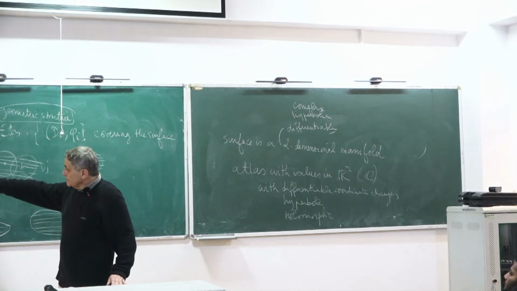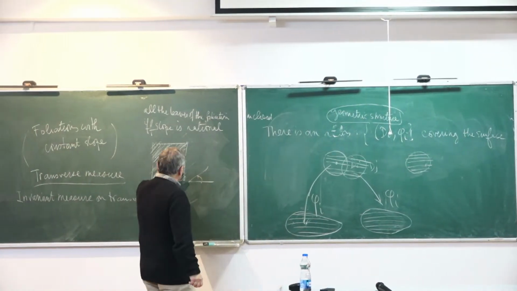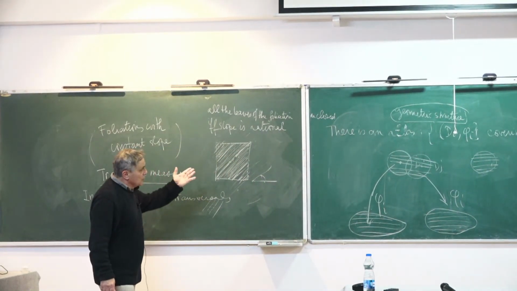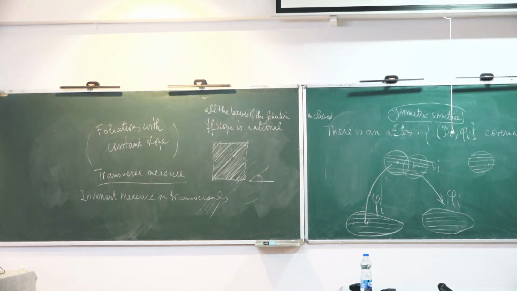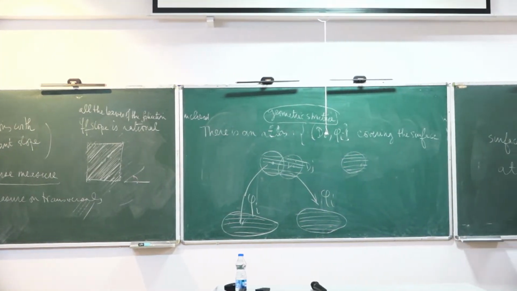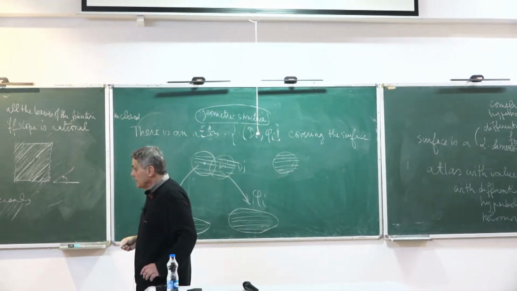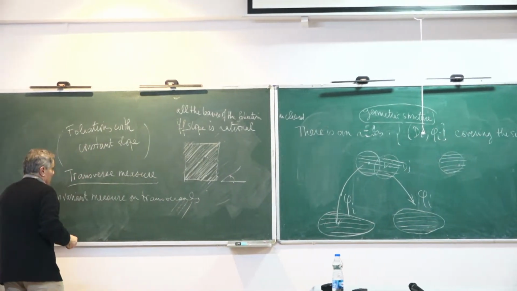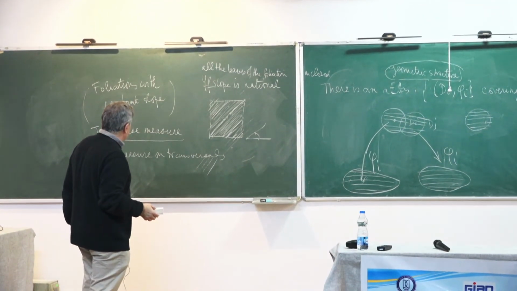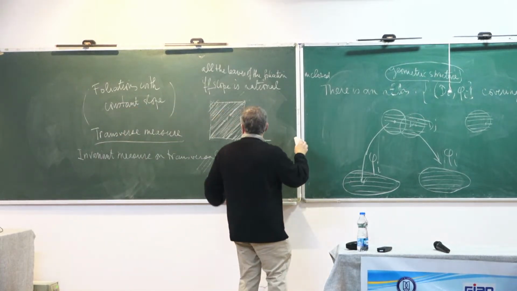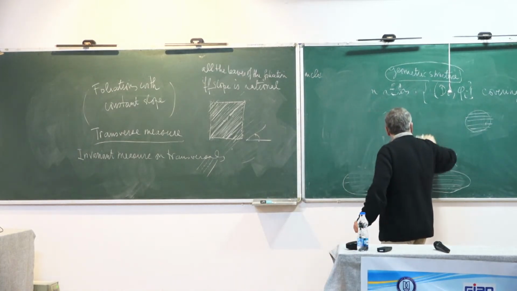So now, here I have a foliation. This gives me an example of a foliated two-dimensional manifold. This enters in the same big category. So now, when I have these foliations, I'm talking just now about this foliation on the torus.